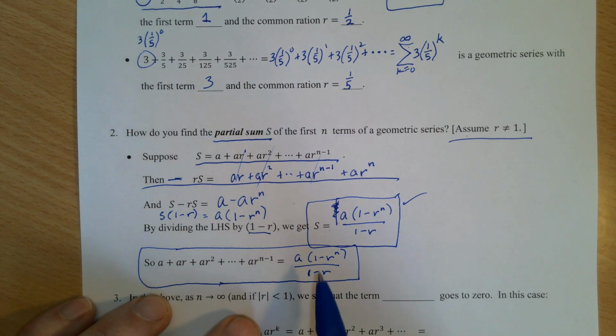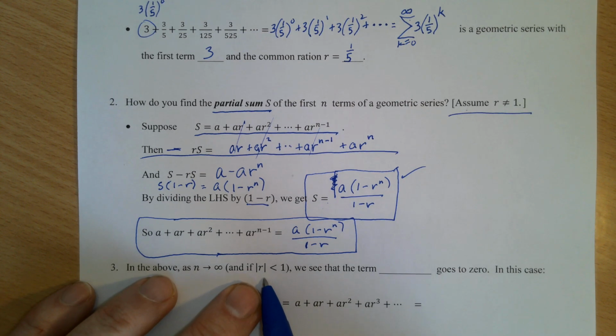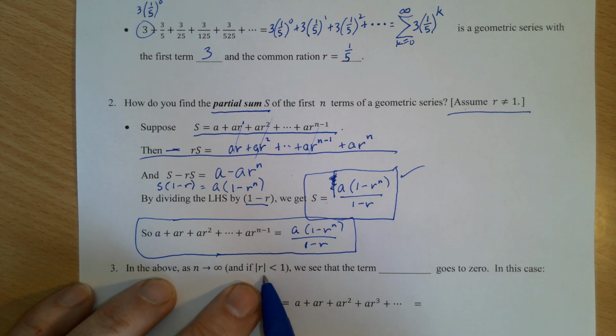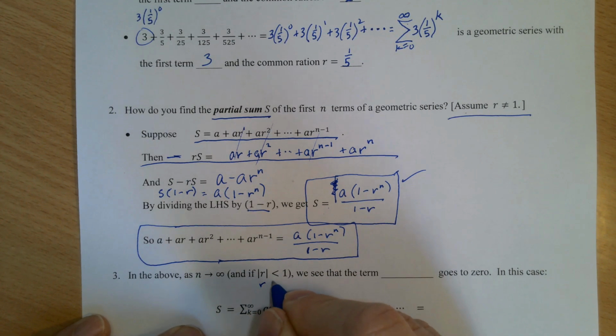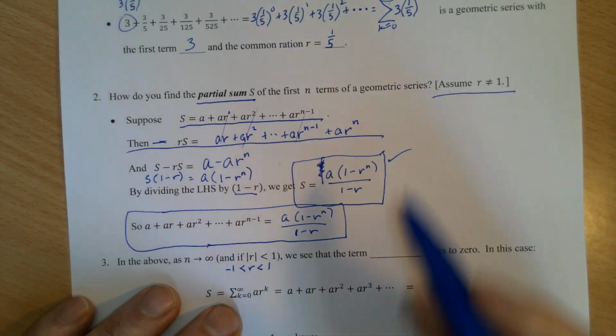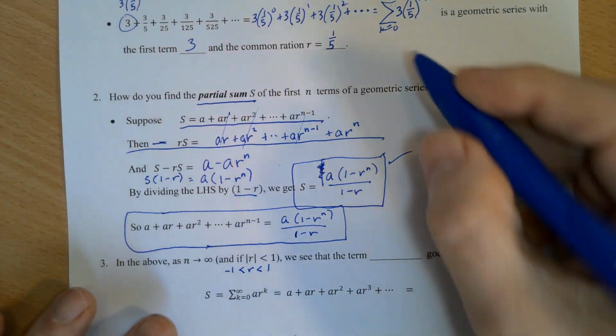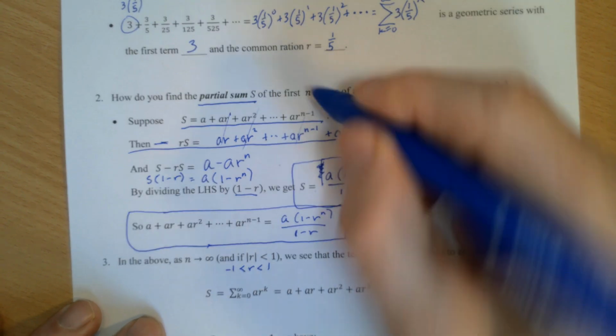Well, in that case, if the absolute value of r, that's our ratio, is less than 1, which means r is between -1 and +1, then what would happen to this final term right here?